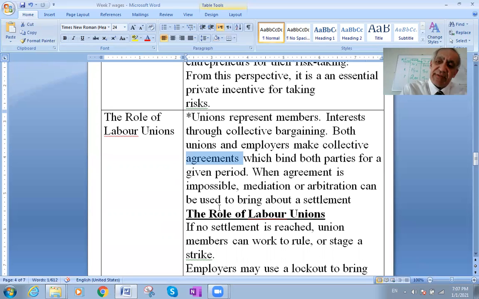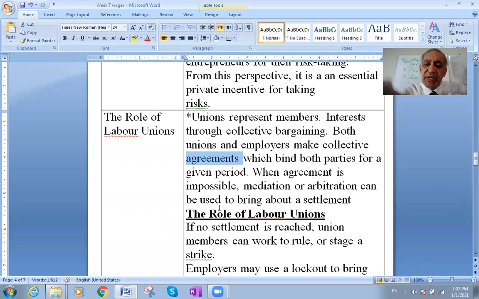The main reason for the unions is defending the workers' rights. There are other benefits, for example social benefits, building hospitals, building clubs. Those are some extra works, but the main work of the union is to defend the workers' rights.